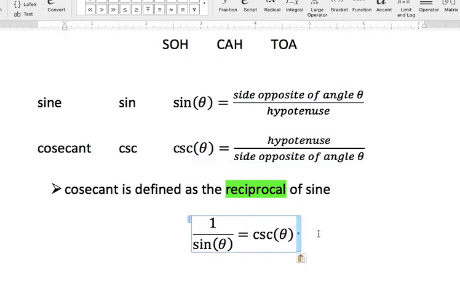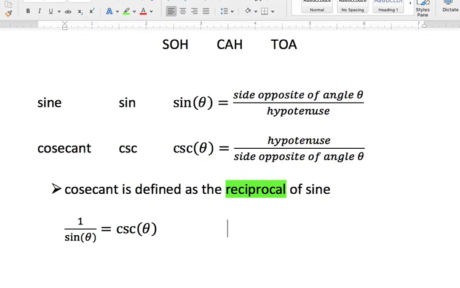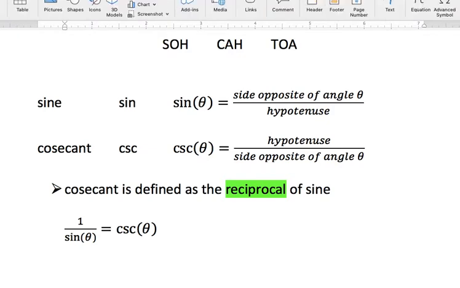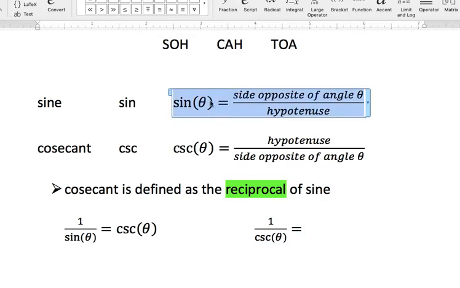This is another way of thinking about this word, reciprocal. The opposite is also true. If you have 1 divided by cosecant, that would equal your sine.